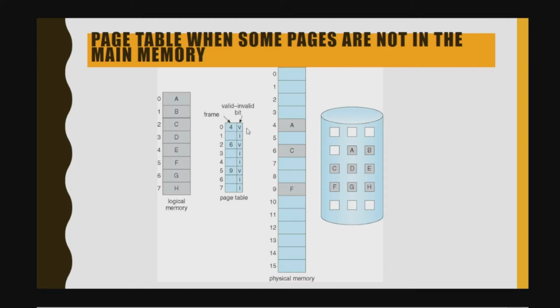Valid data at frame 4 is A, 0 for A. Another valid one, 6 from 2 to C. And then we have another part, 9, 5 equal to F. So when you look back at this diagram, we have A, B, C, D until H, but only in the physical part A, C, and F. So some pages are valid and some others are invalid.